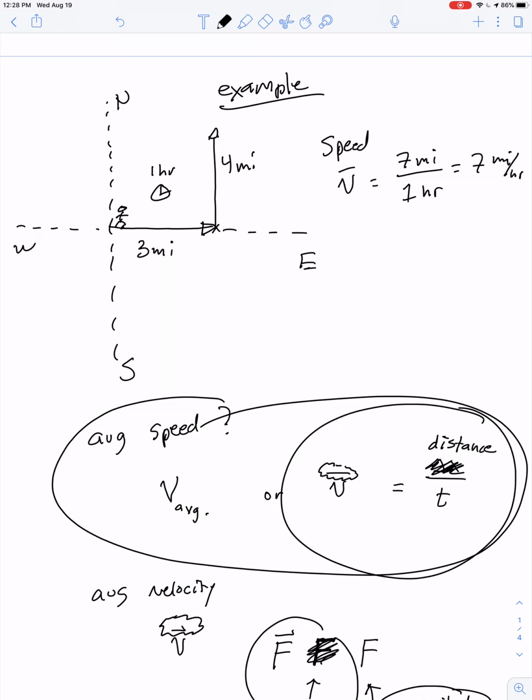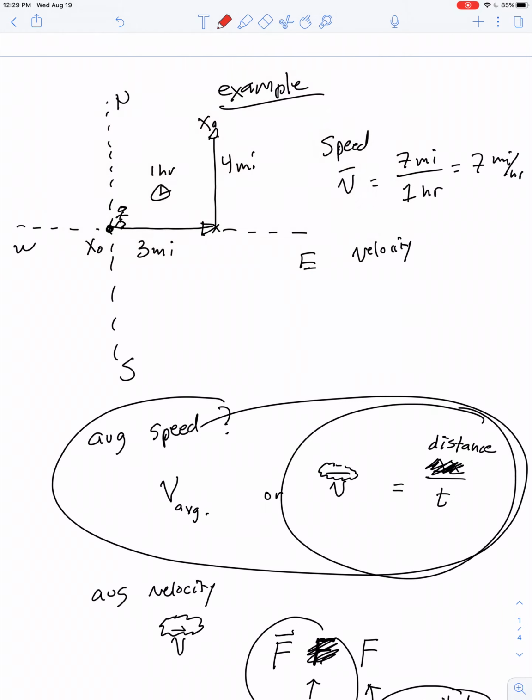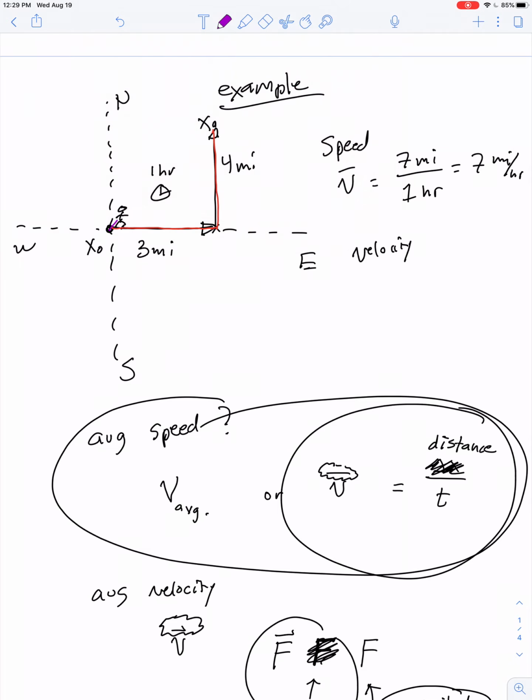7 miles per hour. The velocity, on the other hand, the displacement is nothing more than taking your initial position and your final position and finding the shortest distance between the two. So the total distance traveled is in these two segments, but the shortest distance between the 2 points is itself a vector quantity.